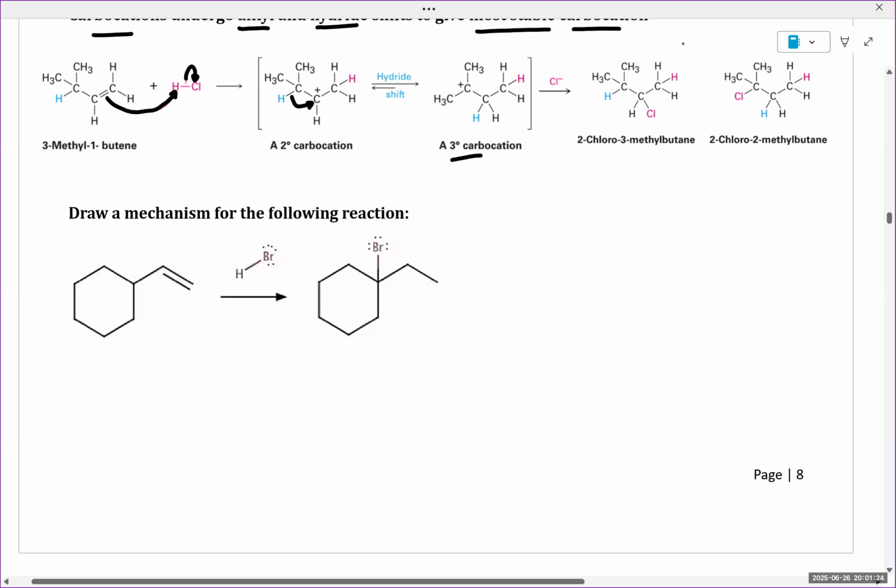In this case, we have our alkene, and somehow we end up with your halogen installed at the adjacent tertiary position. This is an immediate signpost that some sort of alkyl or hydride shift has occurred. So in drawing the mechanism, I'd like you just to take a few moments, draw the step-by-step mechanism to show how you go from this reactant to this product, and then we'll discuss momentarily.